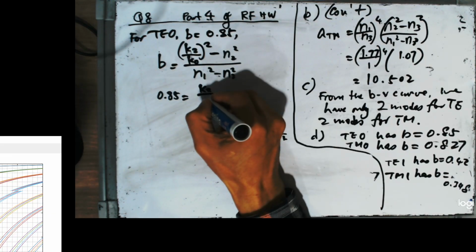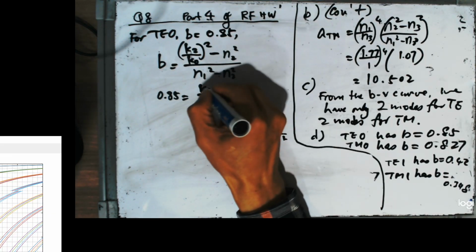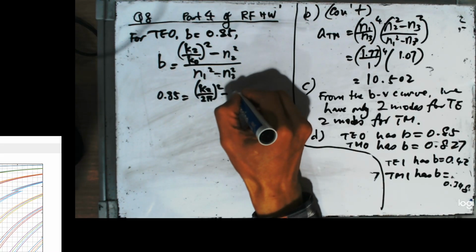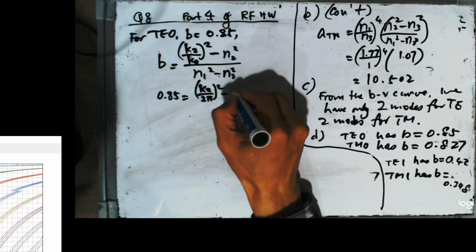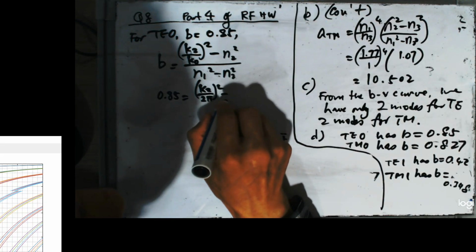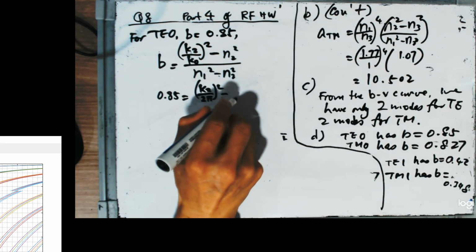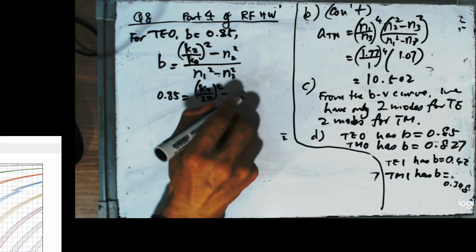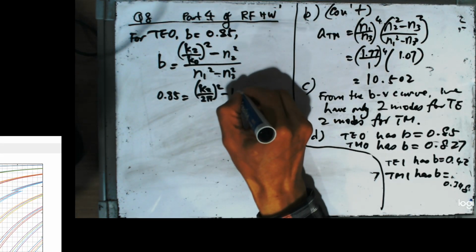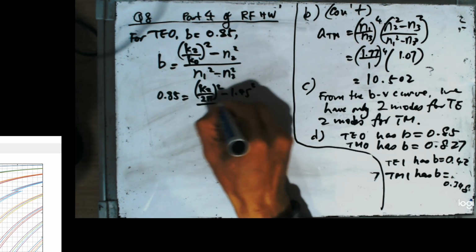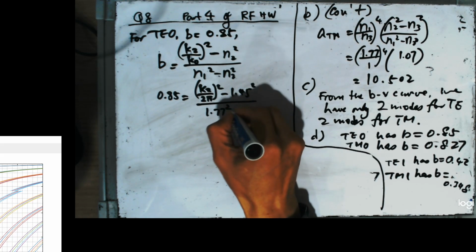So we just put 2 pi here. And N2 is 1.45, N1 is 1.77.